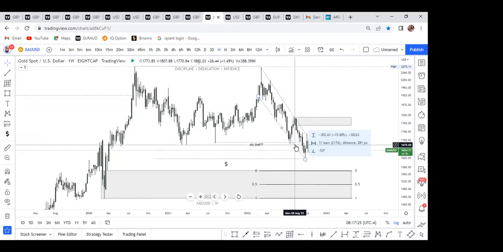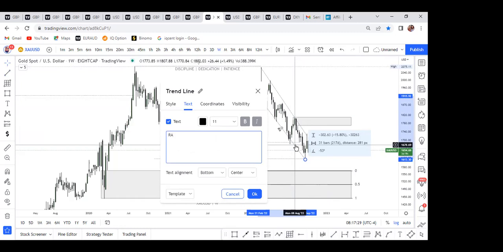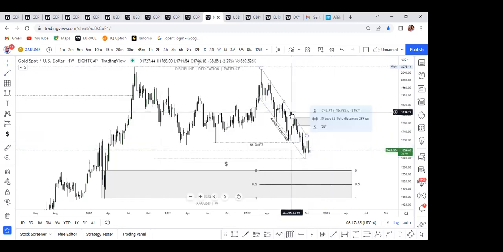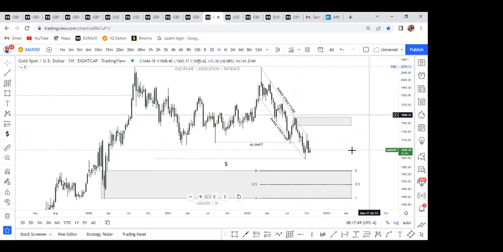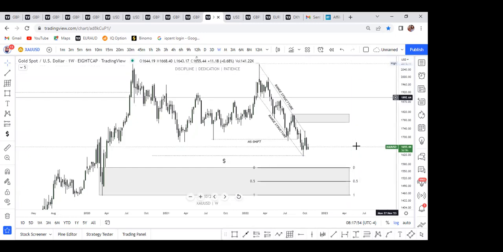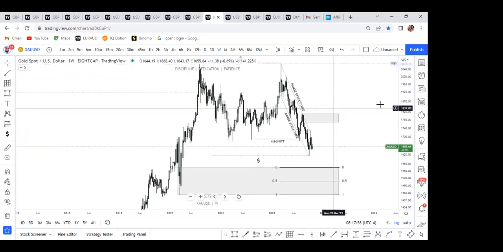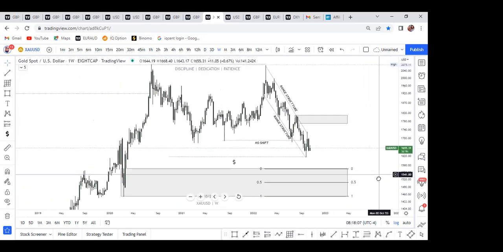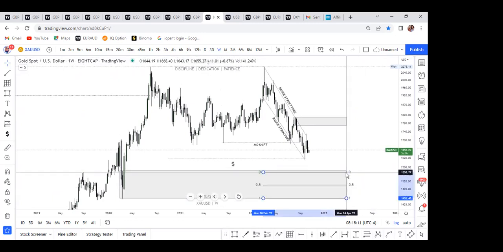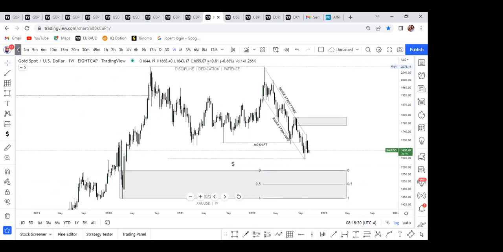Are you not seeing it? So that's my weekly view.